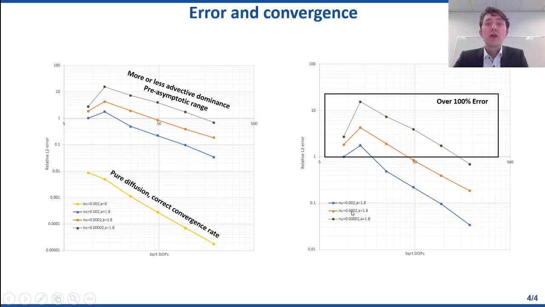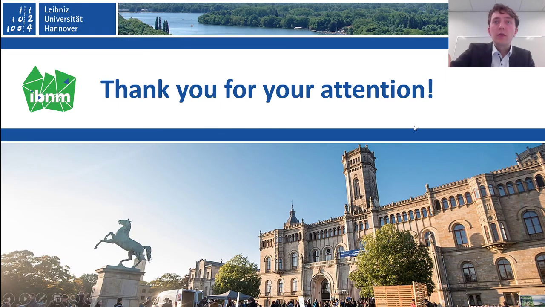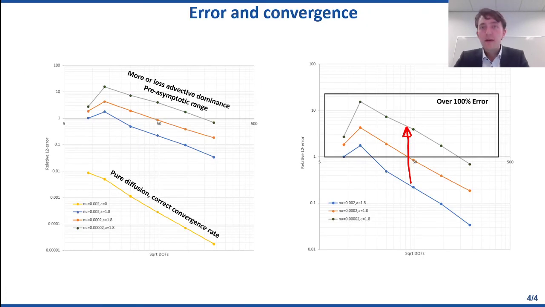So for different ratios between advection and diffusion, I get different convergence curves. And we see that with advection domination, the curve is shifted upwards. Or if I decrease my diffusion, then these curves are shifted upwards, and they're shifted into that 100% error range where my solution is completely useless.